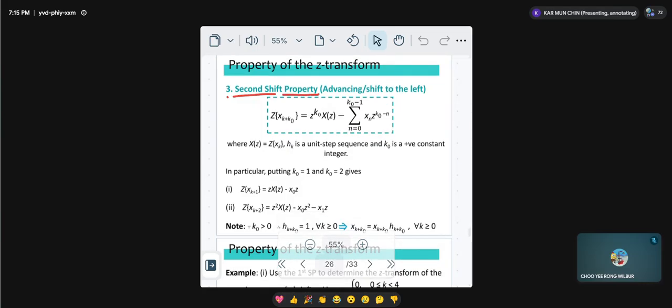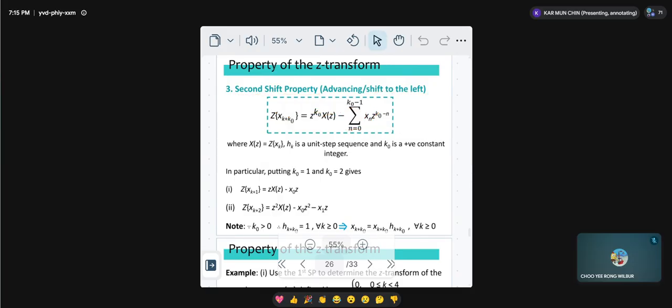Second shift property. The second shift property will be shifting to the left, so you can see it will be minus n. This one will be very complicated, so don't look at this first. We just look at here.